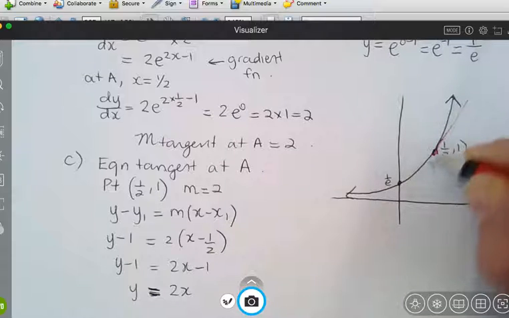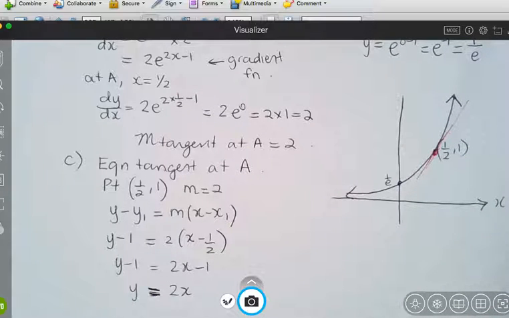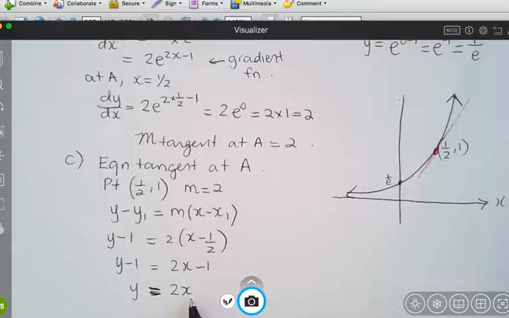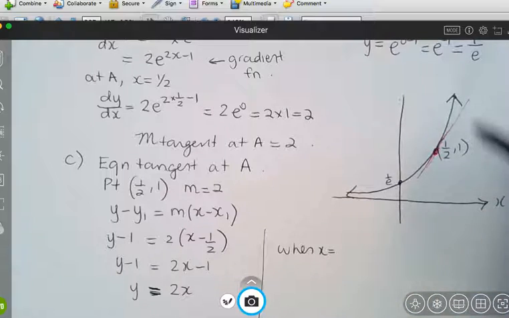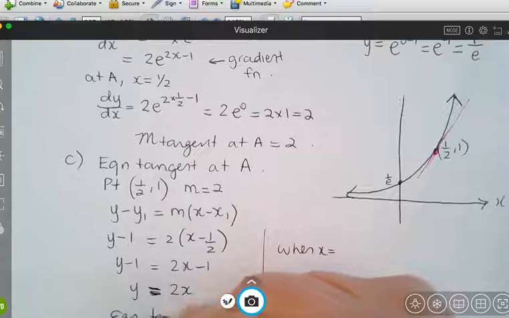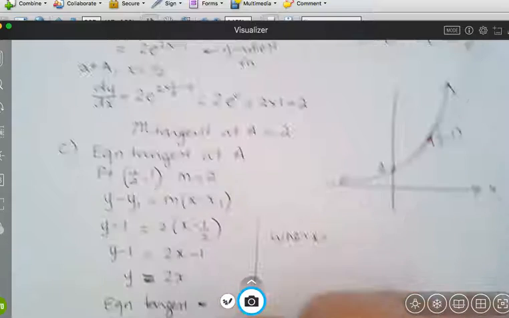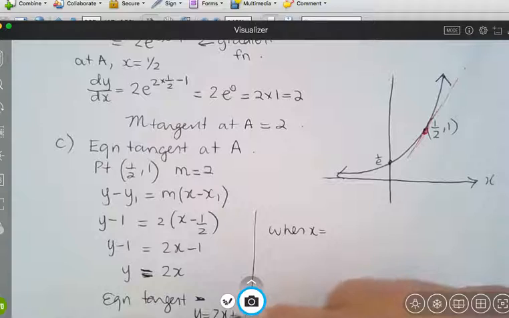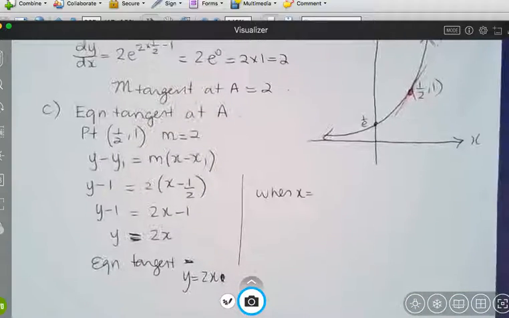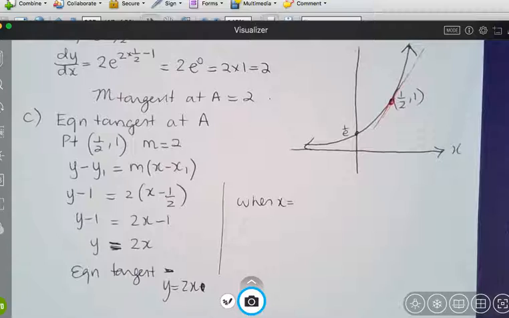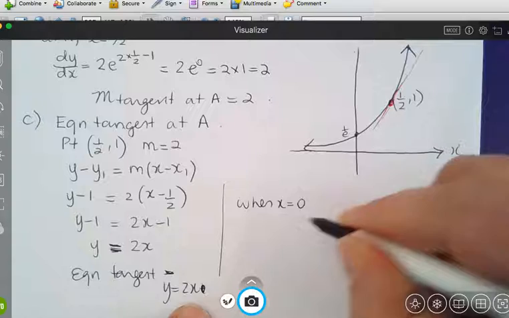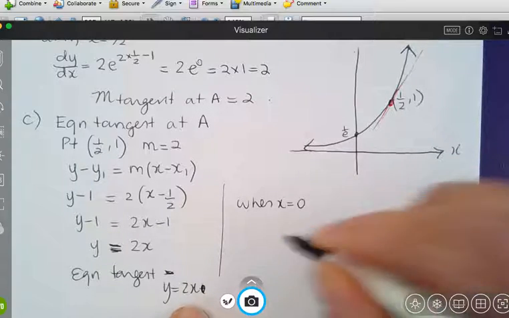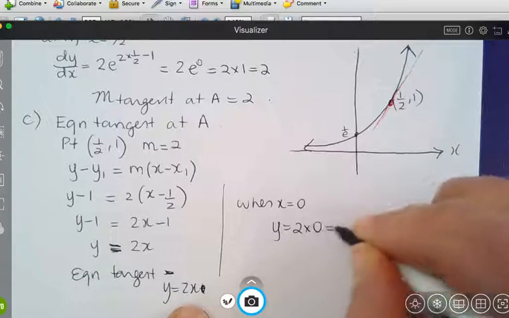Now, if you sketch y equals 2x, what happens when x is 0, girls? I'm trying to draw the tangent, but I haven't drawn it in yet. So this is my equation of tangent. You know when you've got an equation in y equals mx plus b form? There's no b. The equation of the tangent is y equals 2x, so the y-intercept is 0. If I do a little table of values, when x is 0, what's y? y equals 2 times 0, which is 0.